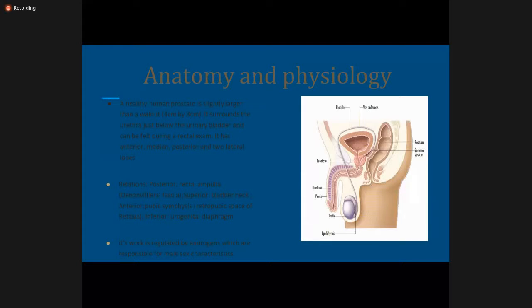And how is it surrounded? It is surrounded by the urethra below the urinary bladder and can be felt by rectal examination. When we put a finger inside the rectum, then we can feel the surface of the prostate.